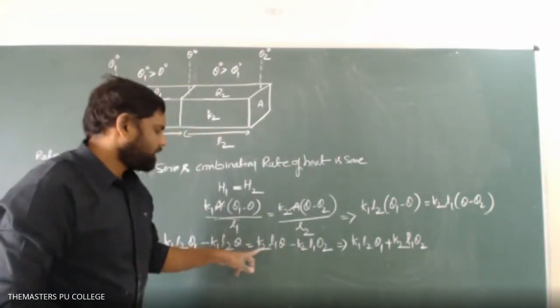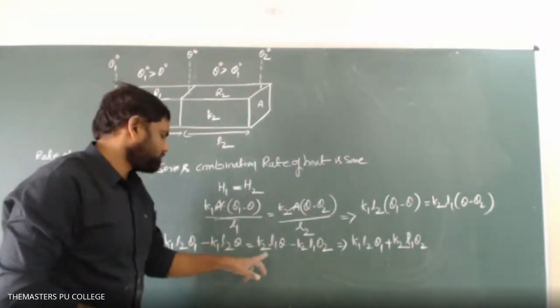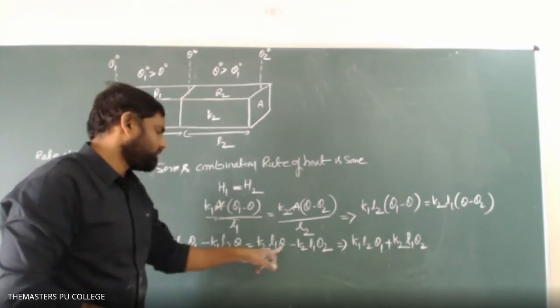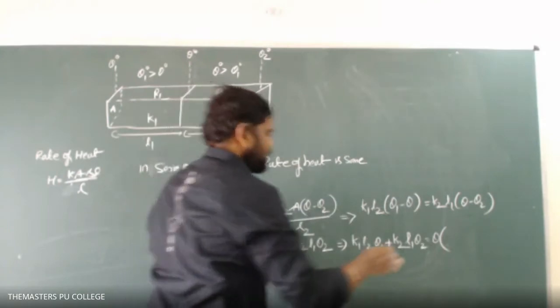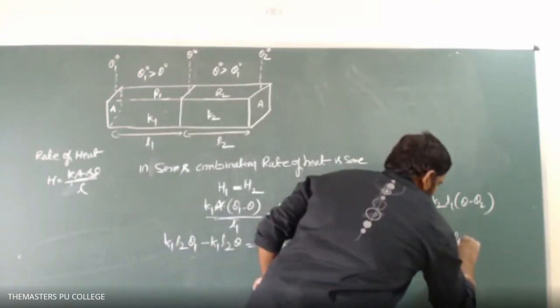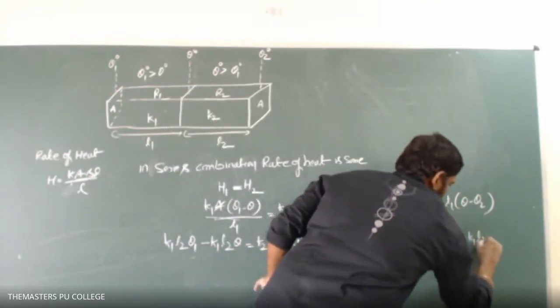And here already K2 L1 theta, and if it is brought to this side, plus K1 L2 theta, theta is common. What can I write here? Theta of (K2 L1 plus K1 L2).